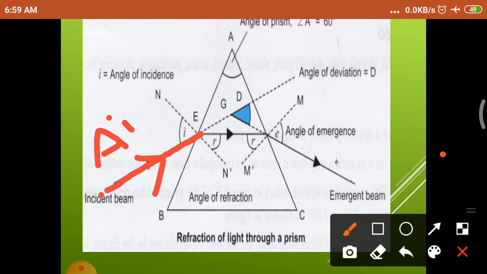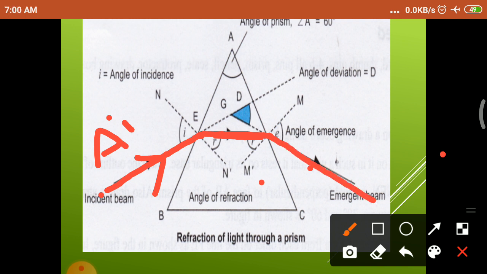So the light travels from rarer medium to denser medium, so it is refracted towards the normal. Now this is glass and this is an air medium. Here the light travels from glass medium to air medium, that means denser to rarer. So it emerges away from the normal.